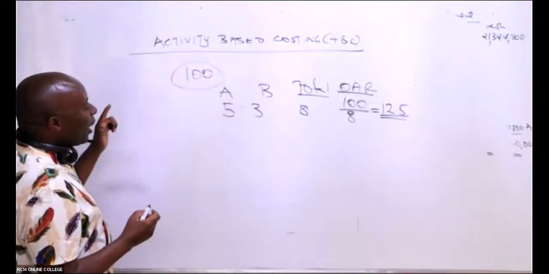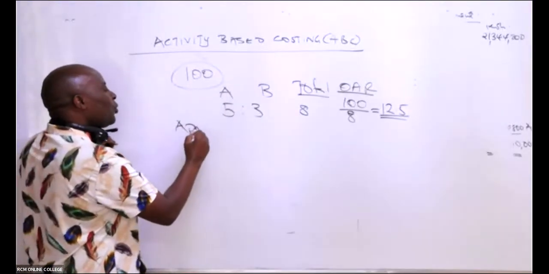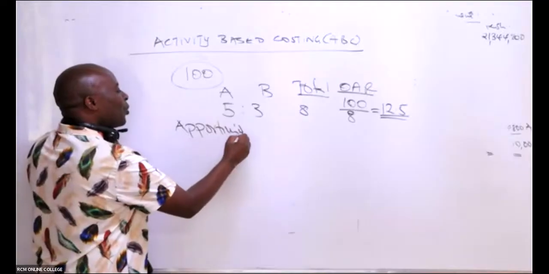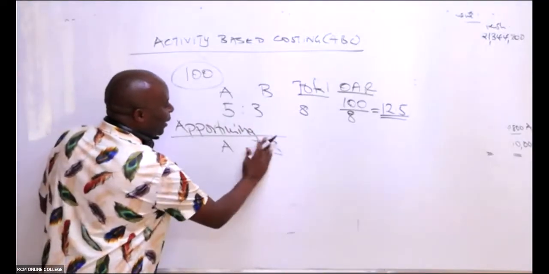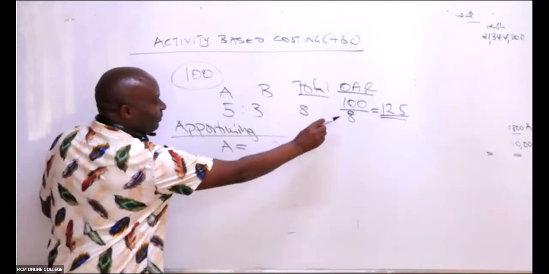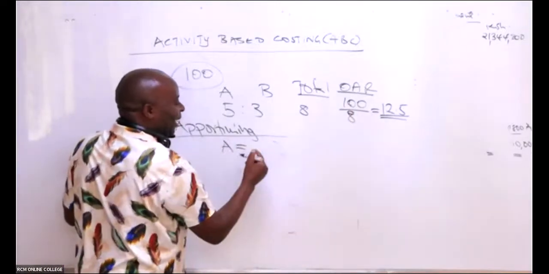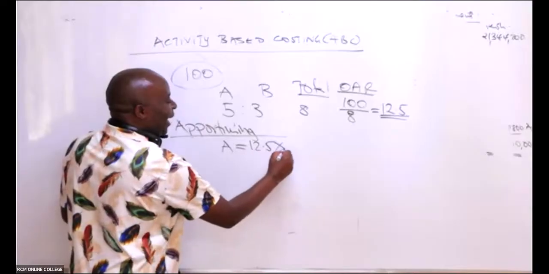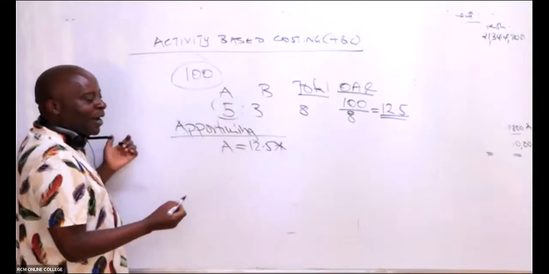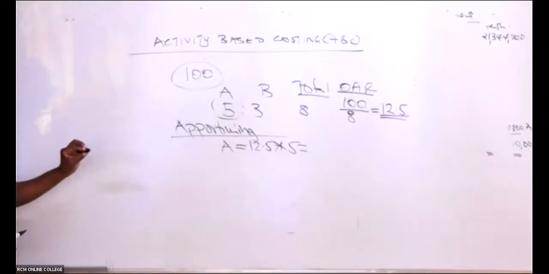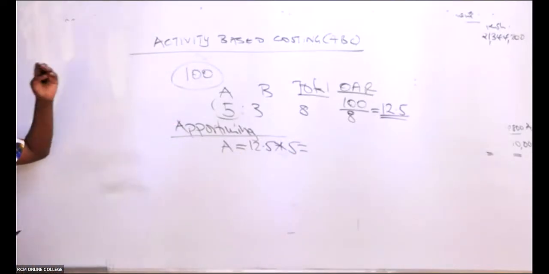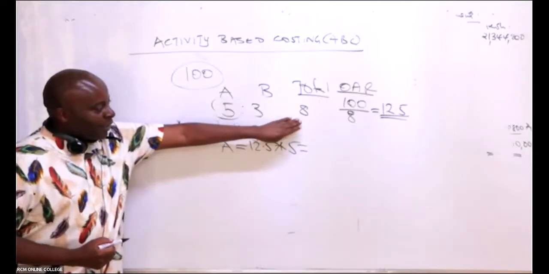So that when I'm apportioning the money, instead of using the fraction approach, I will say A is supposed to be consuming 12.5 per unit. But A has how many units here, somebody? 5. In the OAR approach, you take the total overhead and divide it by the total activity units.